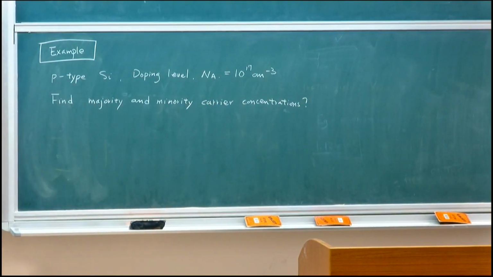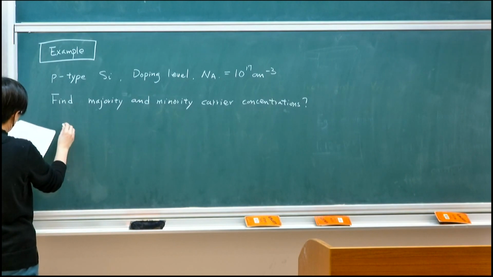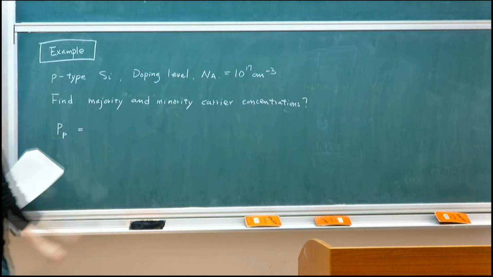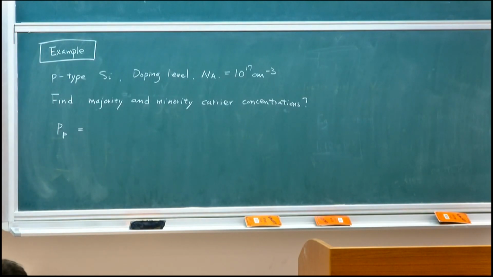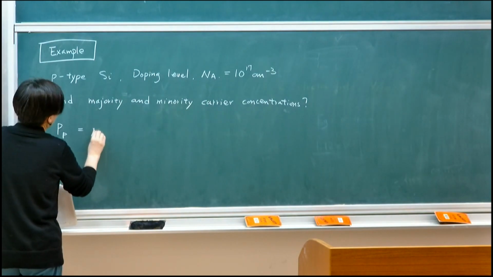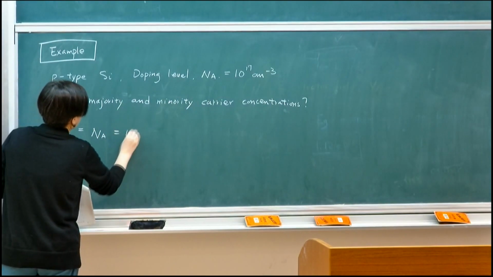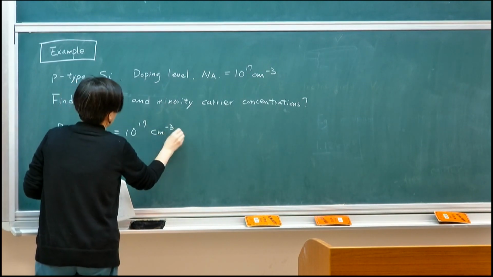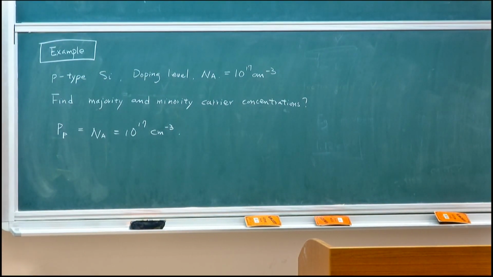One is the majority. What is its majority carrier? P, yes, it's holes. So its majority carrier is holes, so we're looking for Pp. This is the majority. So what is it? Yes, this is Na, 10 to the 17th. Okay?